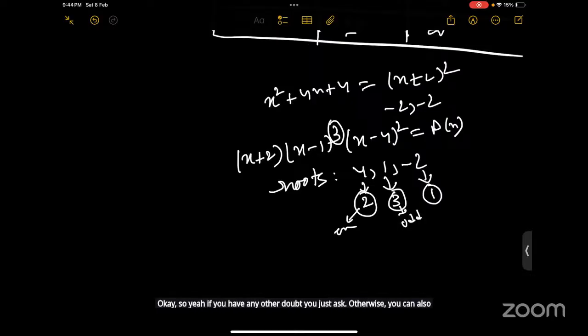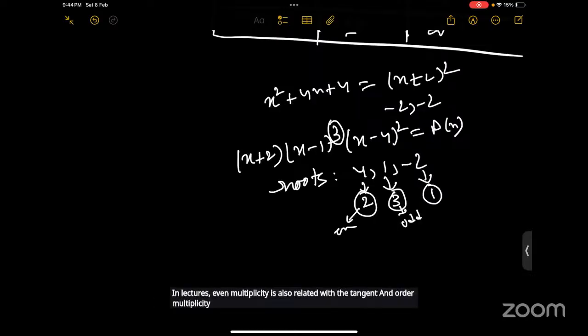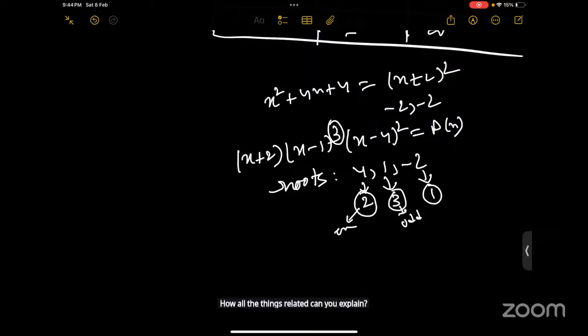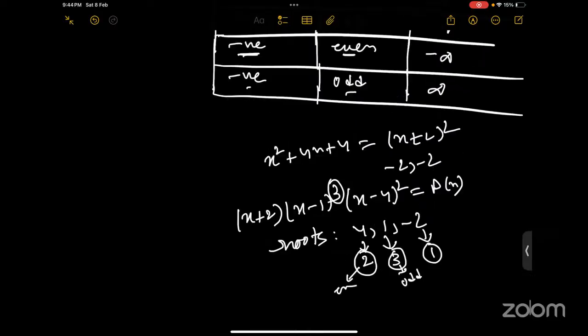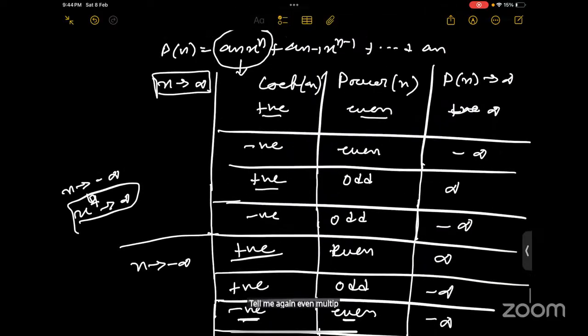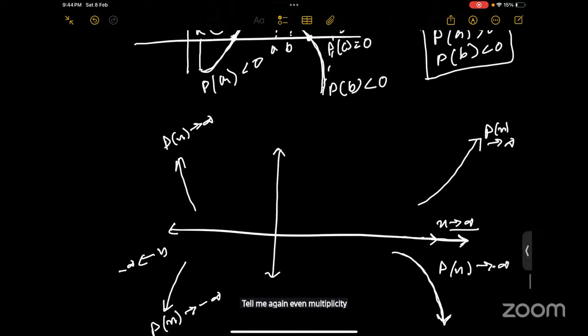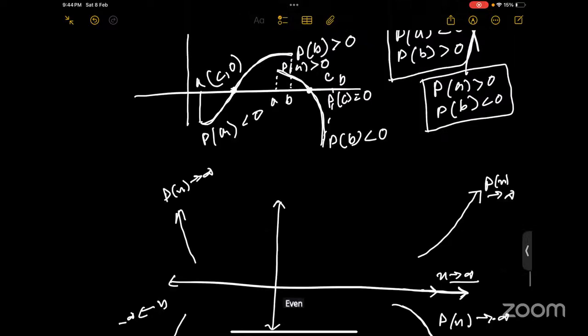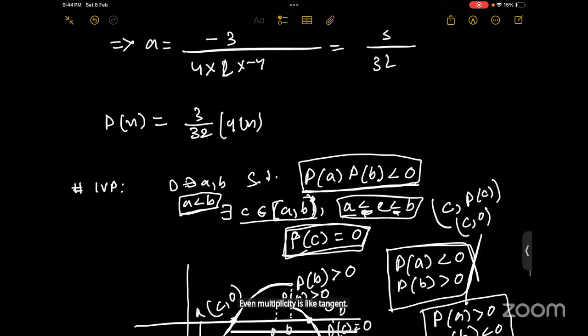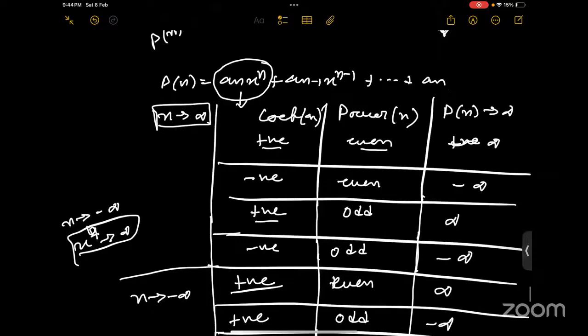In lectures, even multiplicity is also related with the tangent, and odd multiplicity with the y-intercept. How are all these things related? Can you explain? Even multiplicity is like a tangent.